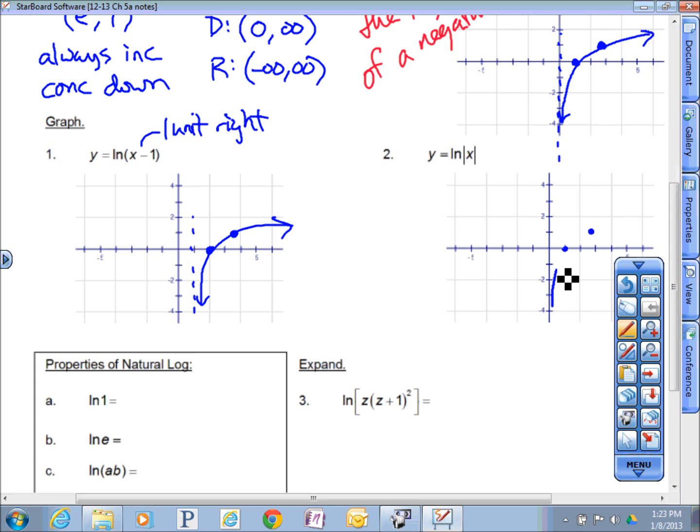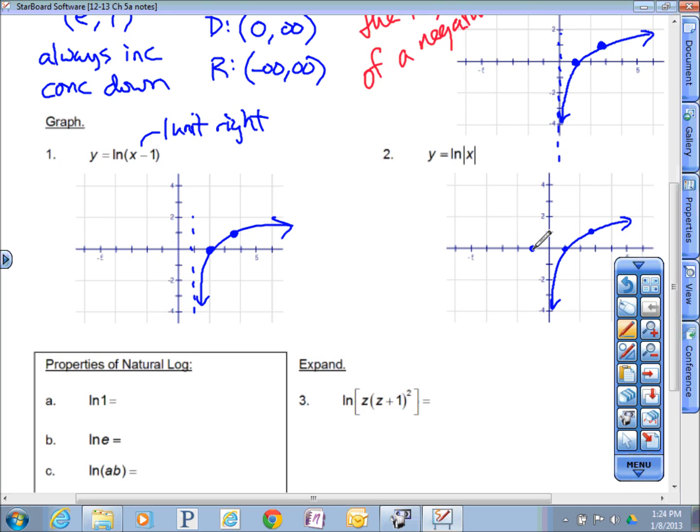But what happens if x is negative? For example, let's take negative 1. If I put negative 1 into this function, the absolute value of negative 1 becomes positive 1. Natural log of positive 1 would be 0. If I did positive e, I'd get y equals 1. If I do negative e, the absolute value says we're basically doing the same thing.